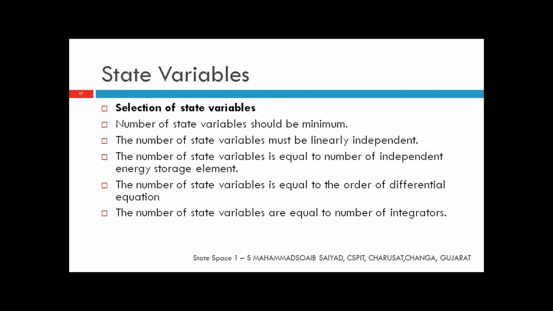So the number of storage elements decides the number of state variables. Another point to consider is that the number of state variables is equal to the order of the differential equation, which we will see later. The number of state variables is also equal to the number of integrators; whatever number of integrators we use will be a part of this.